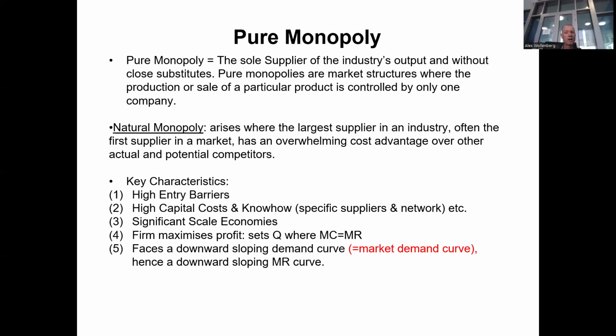Now, how does the firm produce? The firm produces, of course, where it maximizes profit. Profit maximization is still the basic assumption that we have, and therefore the universal rule, the golden rule, applies here as well. The monopolist will also produce where marginal cost and marginal revenue are equal.